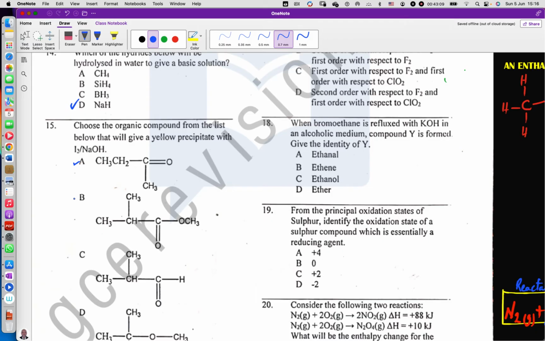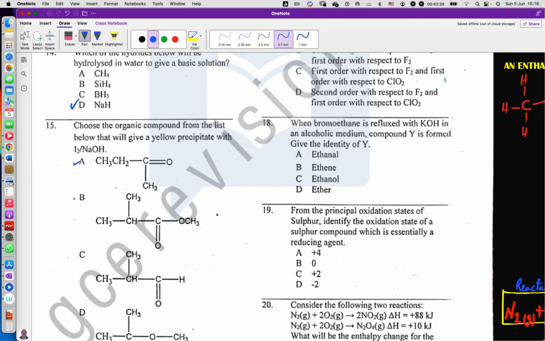I told you that alkaline aqueous iodine is used in the triiodomethane test, the iodoform test.